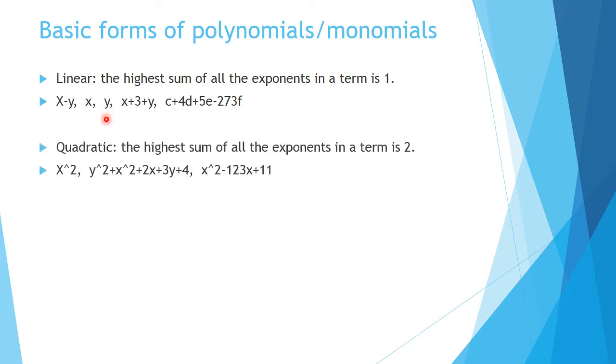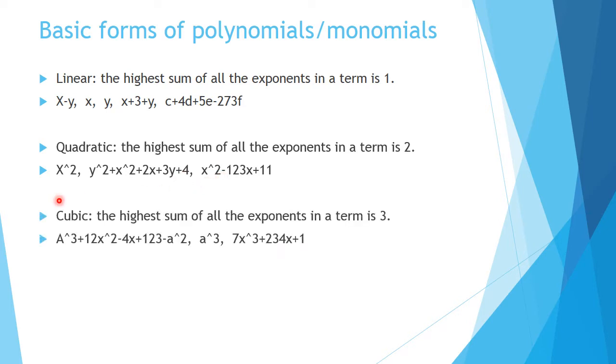Next is quadratic, where the highest sum of the exponents in a term is 2. So this is x to the second power, so it's quadratic. This is also quadratic because the highest is 2. So this is 2, this is 2, this is 1, and this is 0.